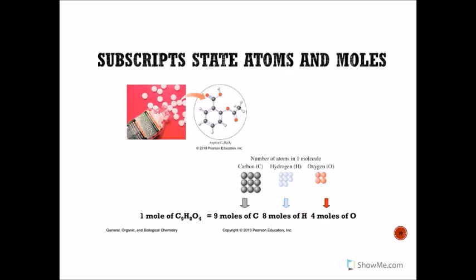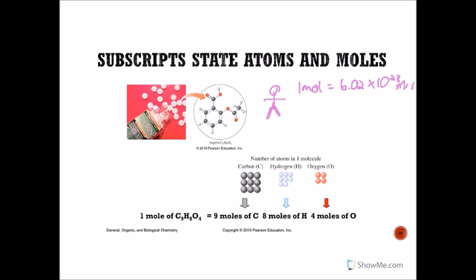For our subscripts, atoms and moles, again, 1 mole of aspirin here has 9 moles of carbon, 8 moles of hydrogen, and 4 moles of oxygen. Right, so just again, if I had 1 mole of Miss Van's, that's 6.02 times 10 to the 23 Miss Van's.